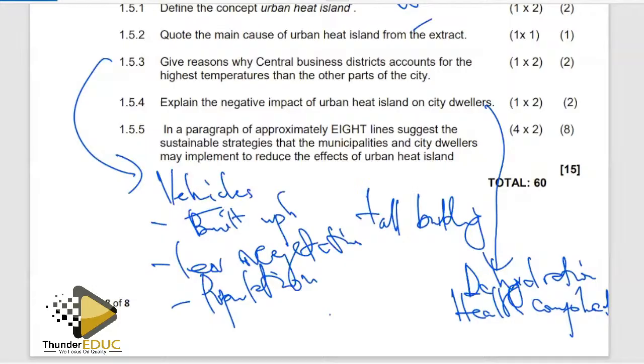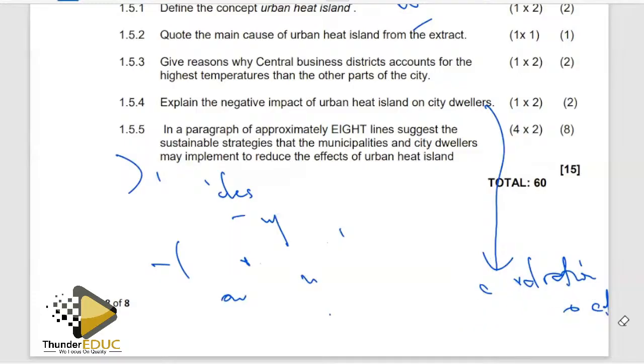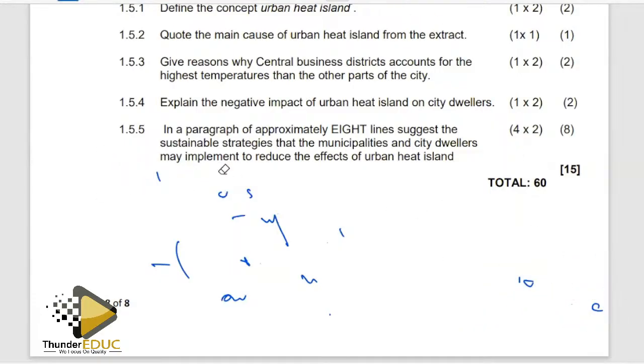Right, we got the last question. Suggest strategies that the municipalities and city dwellers may implement to reduce the effects of urban heat island. What can be done to reduce the effects of the urban heat island in the cities?